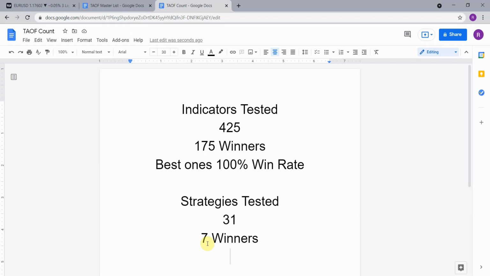We have also tested a total of 425 indicators, with a total of 175 winners. The best ones so far were able to achieve a 100% win rate. Now you need to go back and watch those videos to understand the context of how they were able to achieve that. So go back and watch those videos and see what you can get out of those indicators.